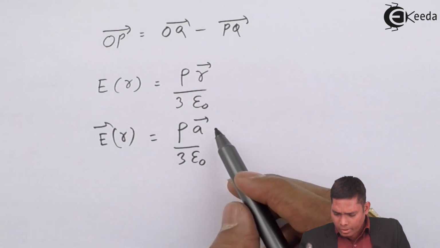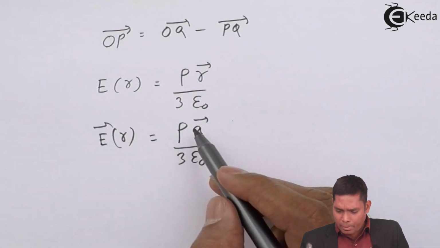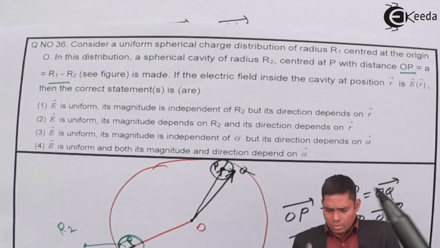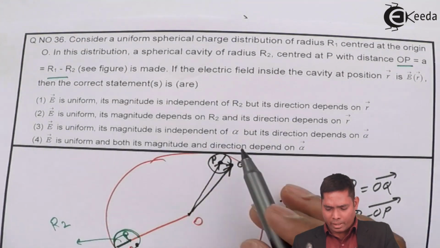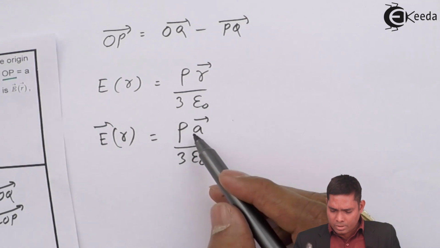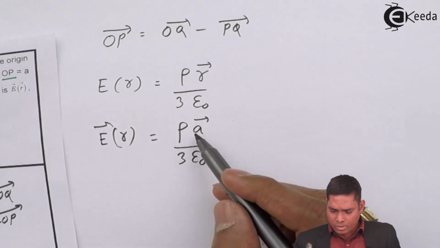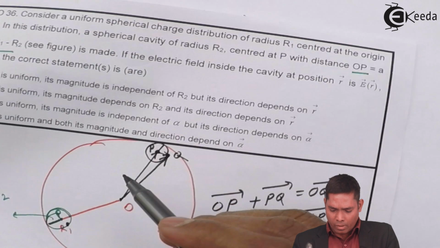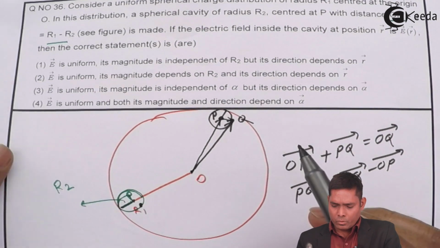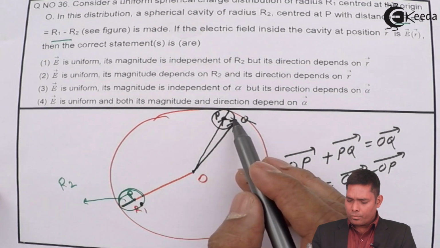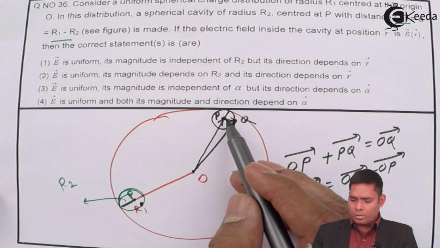So it is found that E is uniform, obviously uniform both in magnitude and direction, irrespective of whichever point you choose inside the cavity.